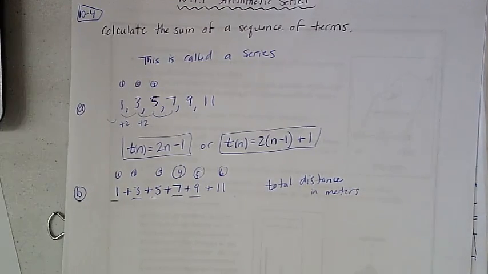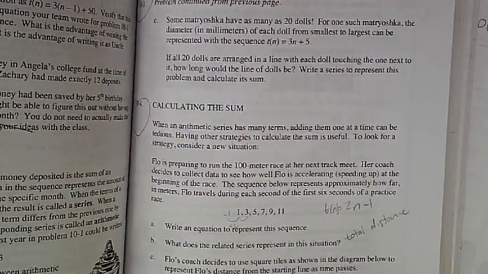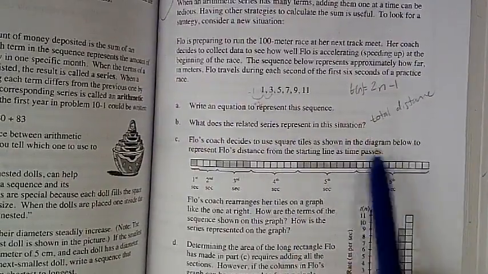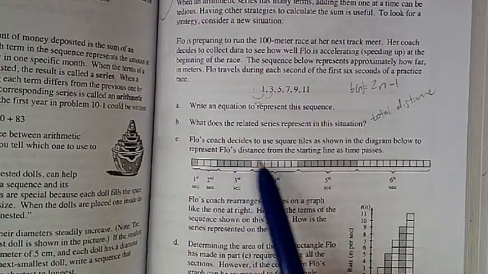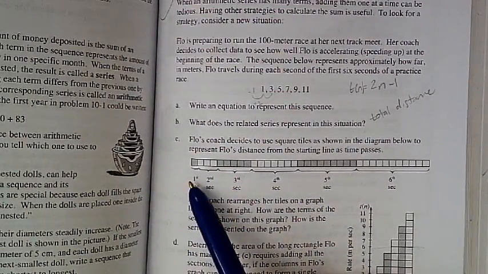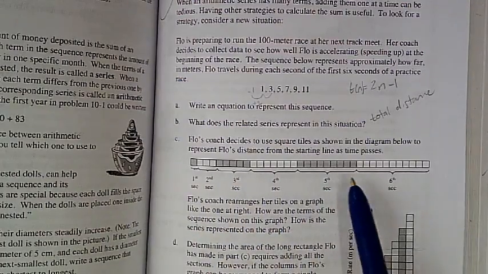And then it says Flo's coach decides to use these square tiles, oh, can you see them? The square tiles as shown in the diagram below to represent Flo's distance from the starting line as time passes. So that's what we were just talking about.